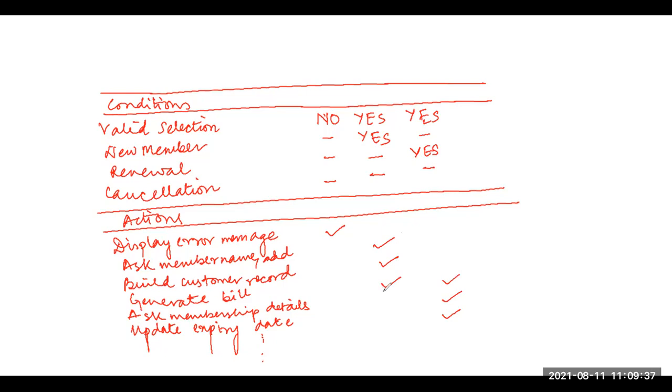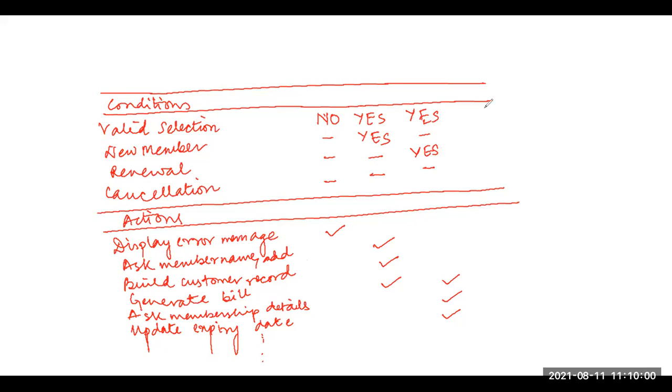Now if you see this generate bill, that is the print bill line, I have written this line 3 times for the decision tree, but for the decision table I am writing it only 1 time, and for each and every condition where it is true I will just tick on the same row. I need not write the same action multiple times.